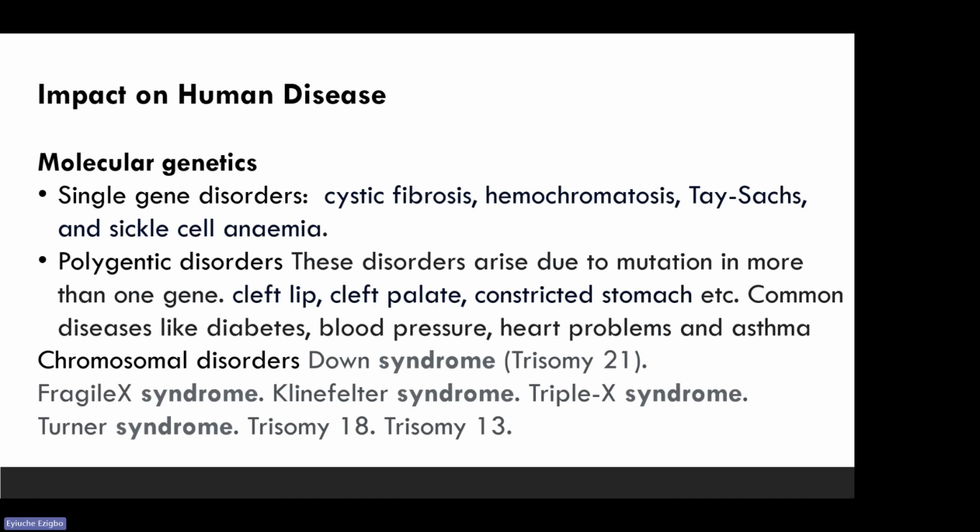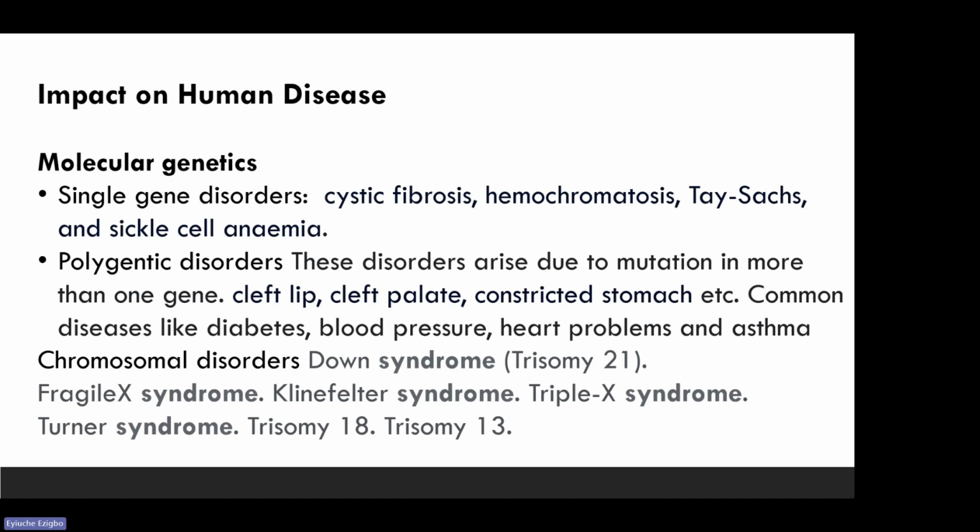Then we have polygenic disorders. These are disorders that arise due to mutation in more than one gene, like cleft lip, cleft palate, constricted stomach, etc. Common diseases like diabetes, blood pressure, heart problems, and asthma. Okay.